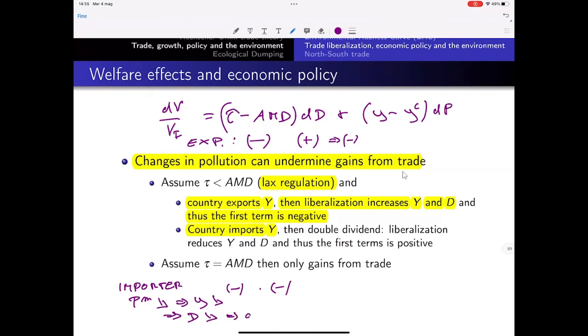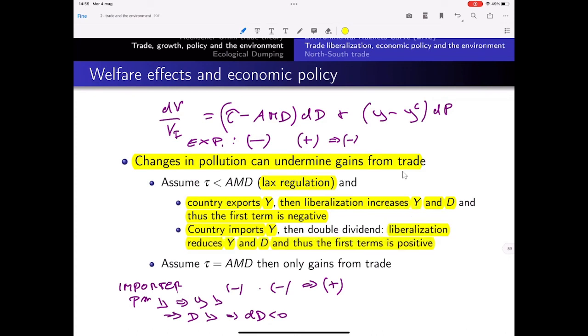So D is negative. And therefore I have negative times negative, which becomes positive. Is it clear? In the case of the importer, you have a double dividend, which intuitively is quite clear.